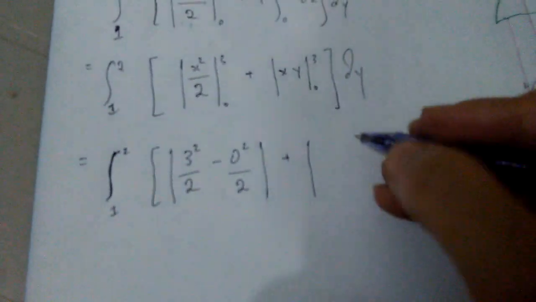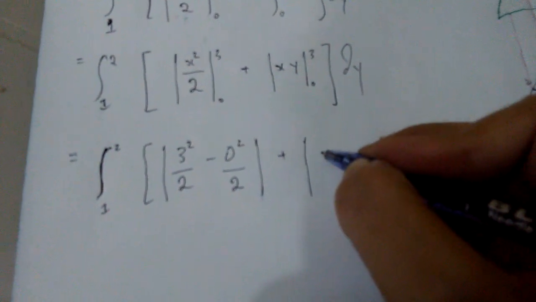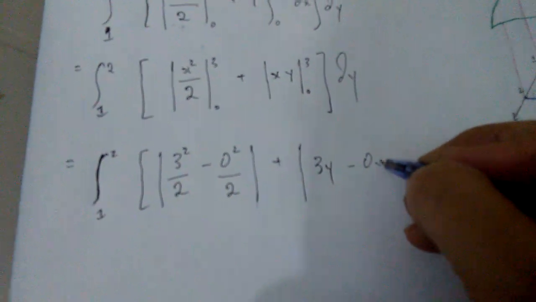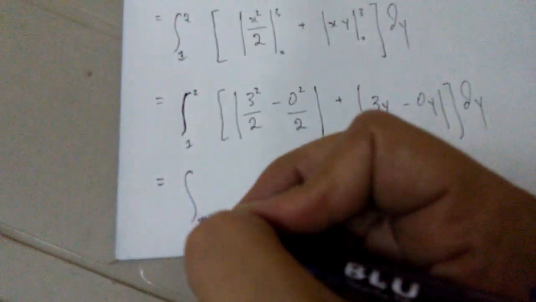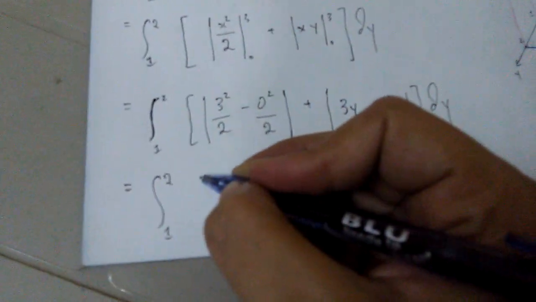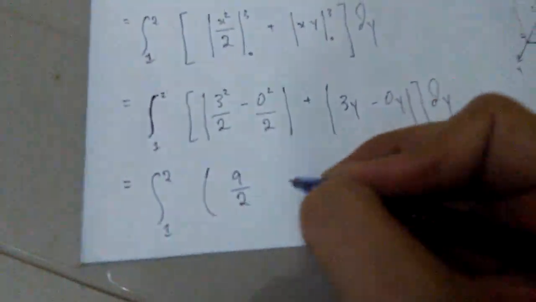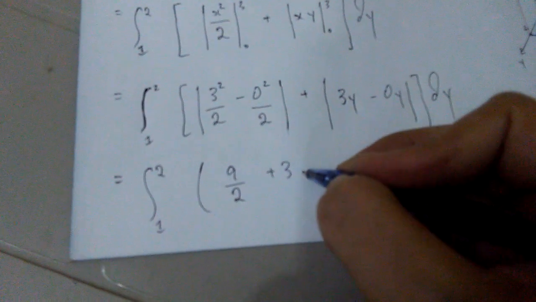Second fundamental theorem of calculus, we have studied that. 0 into y gives you 0, but I have to be very precise, so I'm just mentioning that. So this is giving you 9 upon 2, and this is giving you just 3y.